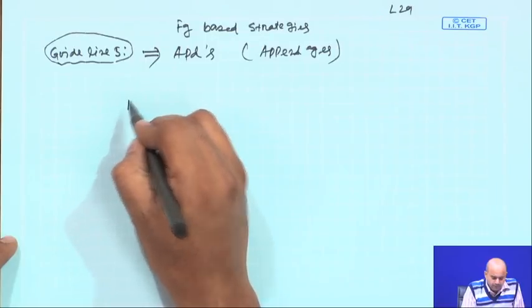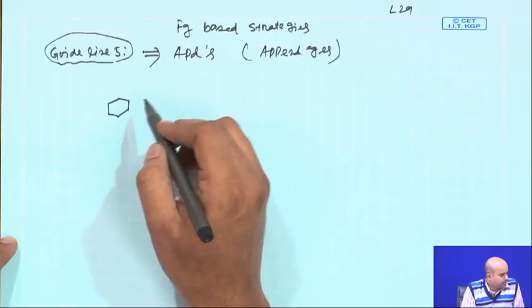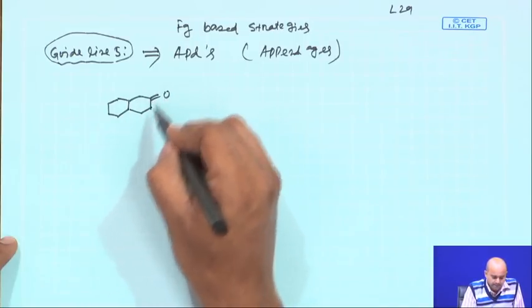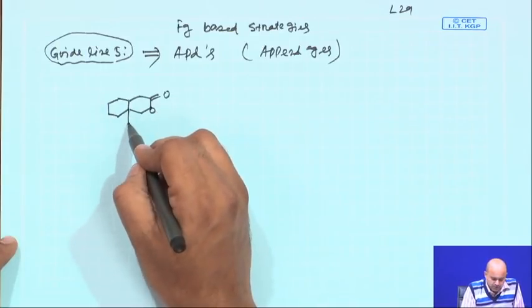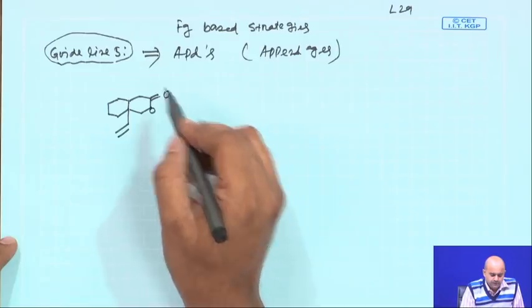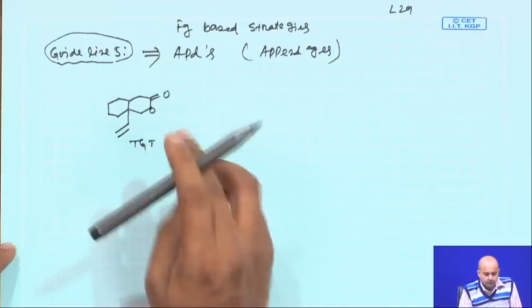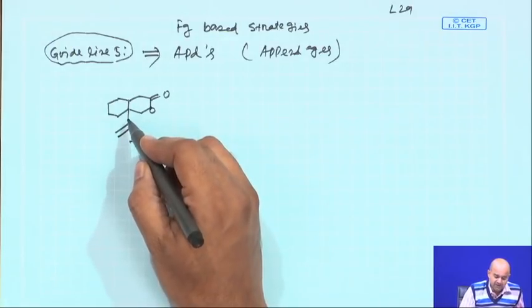Now, as obvious, we will be talking about some target molecule, and the target molecule which I am now drawing at the beginning has a bicyclic lactone structure. If you see the target, you will find it is a bicyclic lactone structure with a vinyl appendage.